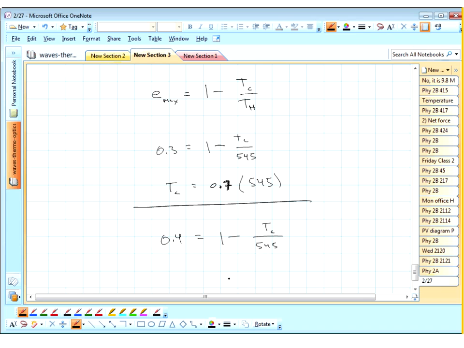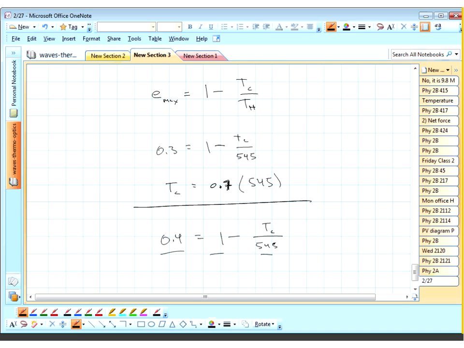The closer T hot and T cold are to each other, the harder it is for this engine to do work. So the bigger the temperature difference, the more efficient. So you have to lower T cold to increase the temperature difference. Or you can just plug the numbers in. They gave us 3 of the numbers. You can solve and you'll get a lower T cold.